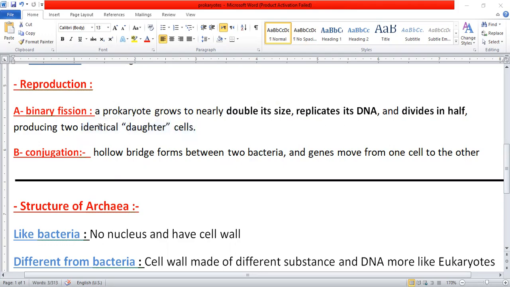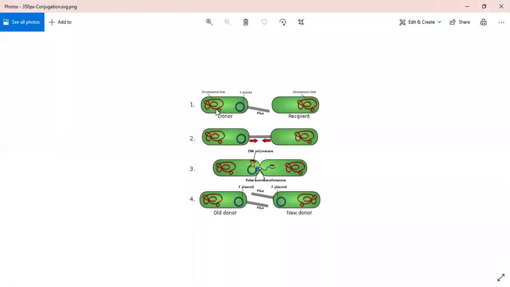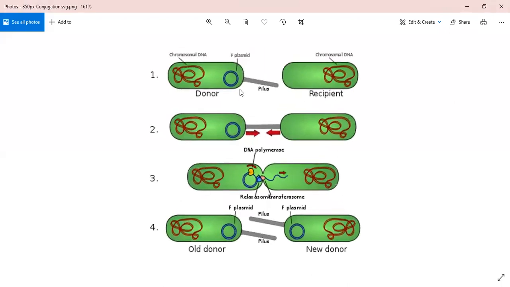There is another way of reproduction, but actually it doesn't produce new bacteria, it produces new traits in the bacteria. This is called conjugation, okay? Conjugation: one bacterial cell has a plasmid, like extra DNA with some extra characteristics. It forms a conjugation tube here, copies its plasmid, and sends a copy of the plasmid to the other bacteria.